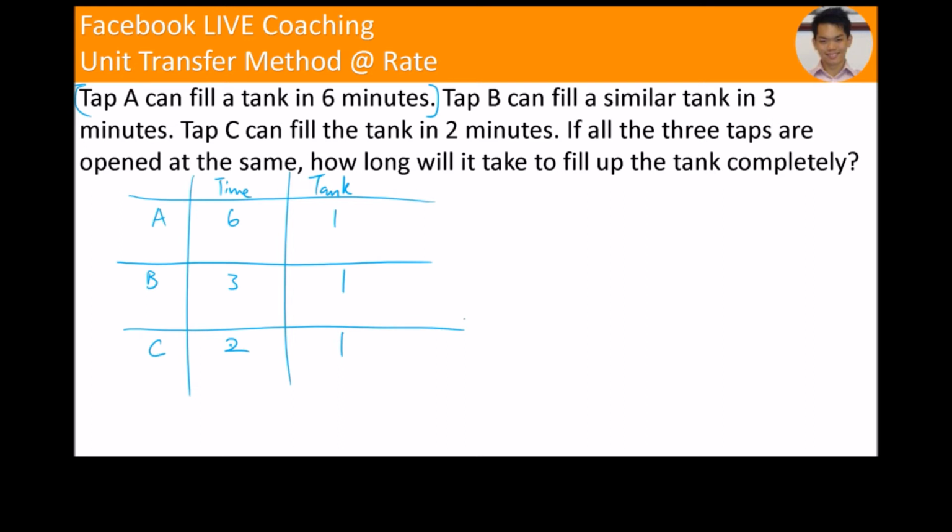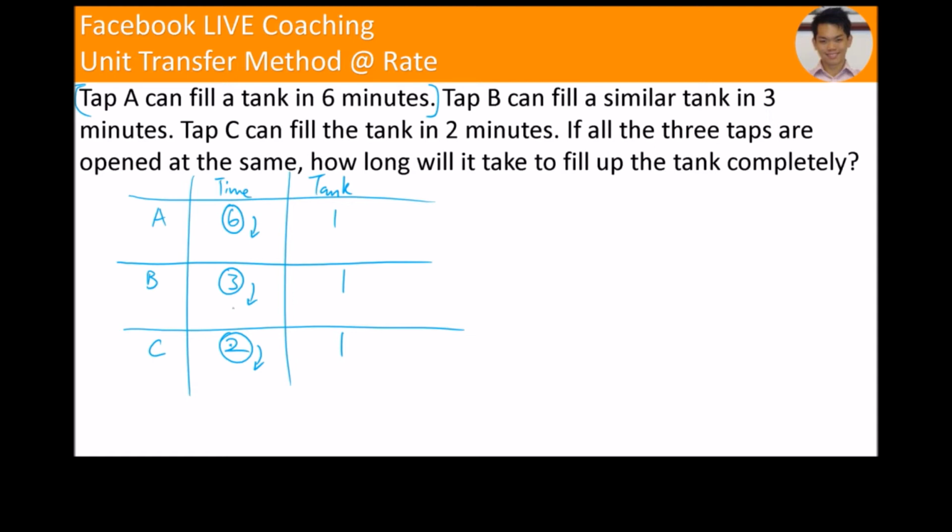So following the main central principle for rate, you want to make time the same for all of them first. So to multiply them to their lowest common multiple, between 6, 3, and 2, the lowest common multiple would be 6. Alright, so there's no need to multiply A out.